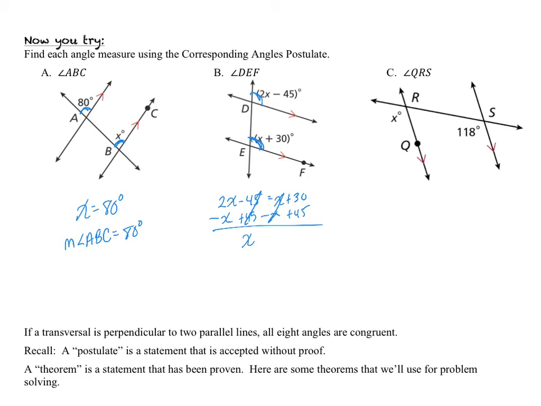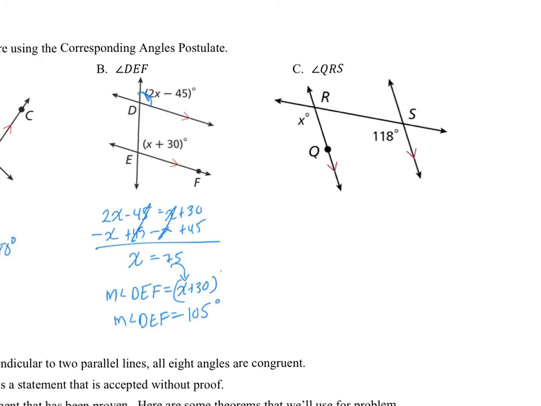And so it ends up with 1x is equal to 75. And I can plug that back in to find the measure of angle DEF. So since the measure of angle DEF is equal to x plus 30 degrees, then we can go ahead and plug in x, which was 75. 75 plus 30 is 105 degrees.